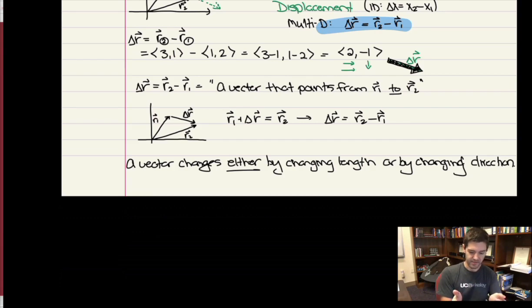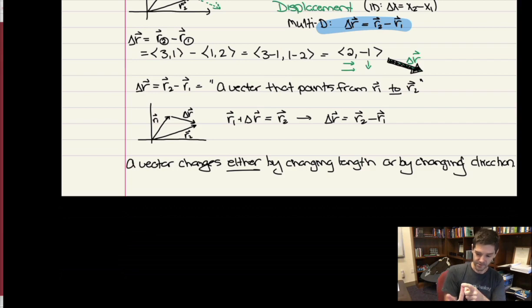That means if I have a vector and it's getting longer or shorter, that intuitively makes sense that the vector is changing. If it represents your velocity, for example, you might be speeding up or slowing down. But you can also change direction, and that also is a result of the vector changing, because remember, a vector is defined as being something that has both a magnitude and a direction. It's not only just that you're going 30 miles per hour, it's that you're going 30 miles per hour to the west, for example, that makes it a vector. And if either of those change, that means the vector is changing.